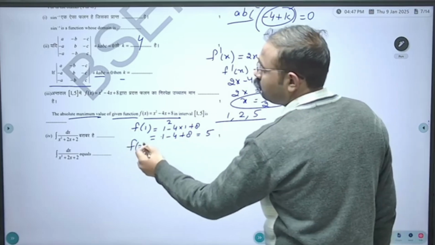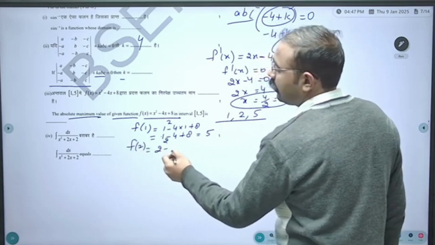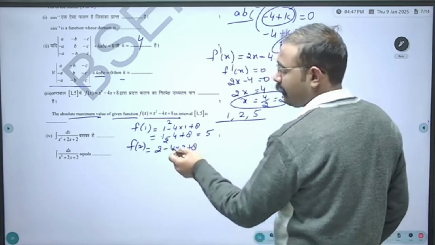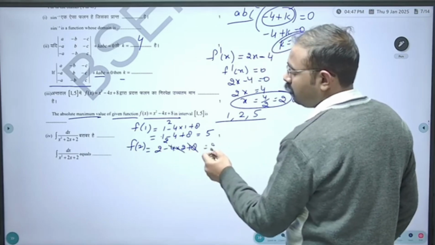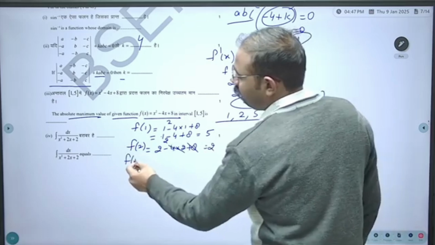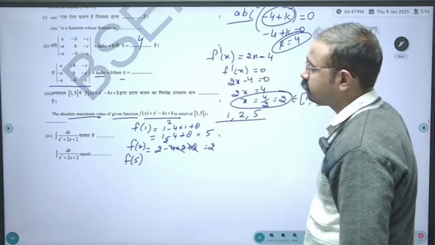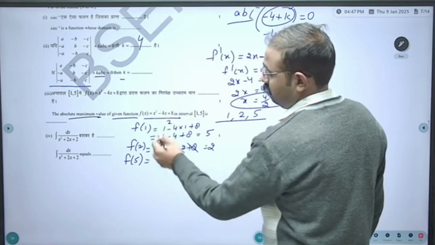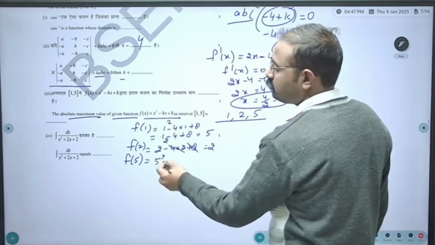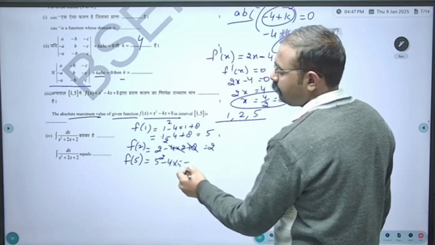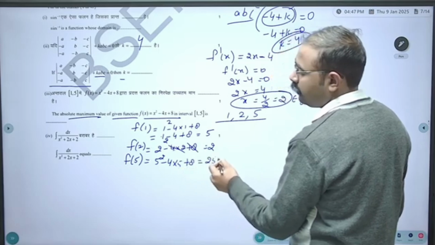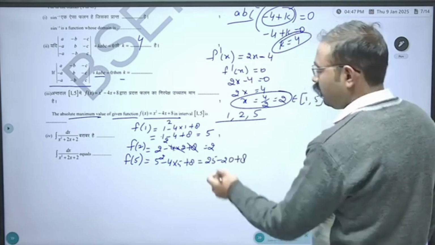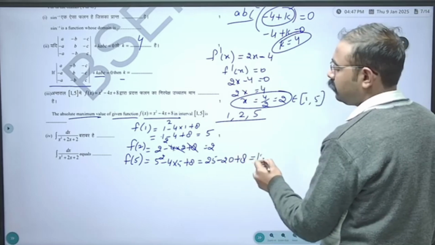Then f2: 2 square minus 4 into 2 plus 8, 4 minus 8 plus 8, we have 4 here. And f5: at the place of x we will put 5, then 5 square minus 4 into 5 plus 8, 25 minus 20 plus 8, 13.